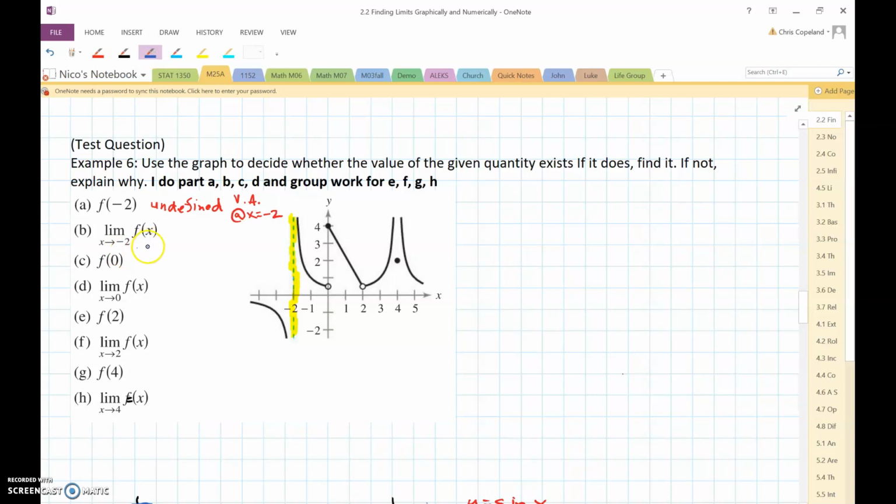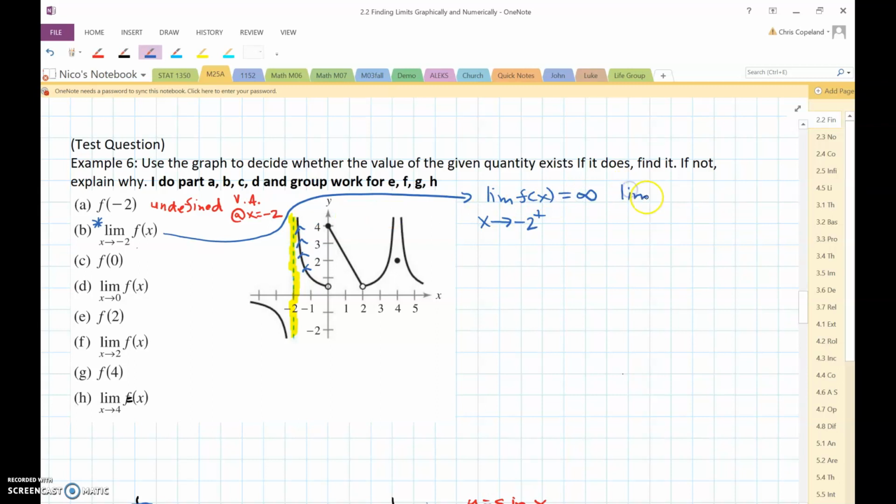The limit of f of x as x approaches -2. Okay, so to show any limit, to show if it exists, we're going to use the one-sided limits of f of x. Let's do this over here. Notice that the limit of f of x as x approaches -2 from the right, this is approaching positive infinity.